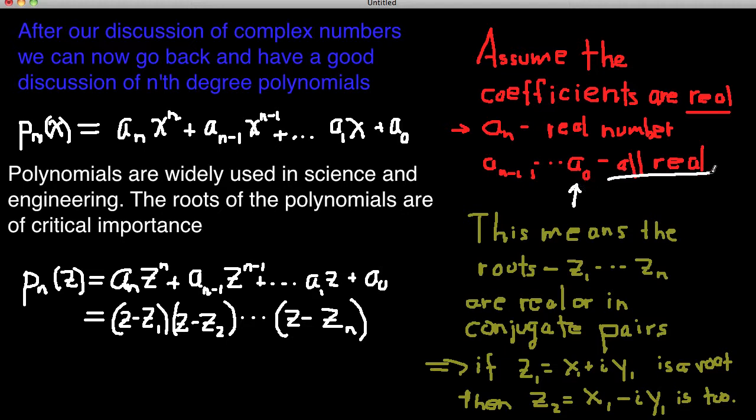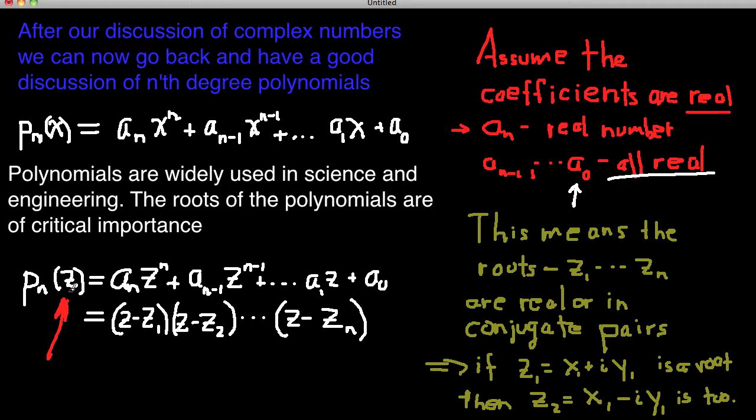All real. Now, what I'm going to do, because the roots are in fact often complex valued, instead of writing my polynomial just as a function of x, I'm going to write it as a function of z. Now remember, in the discussion of complex variables, I use z to represent a complex number. z is equal to x plus iy, a real part and an imaginary part.